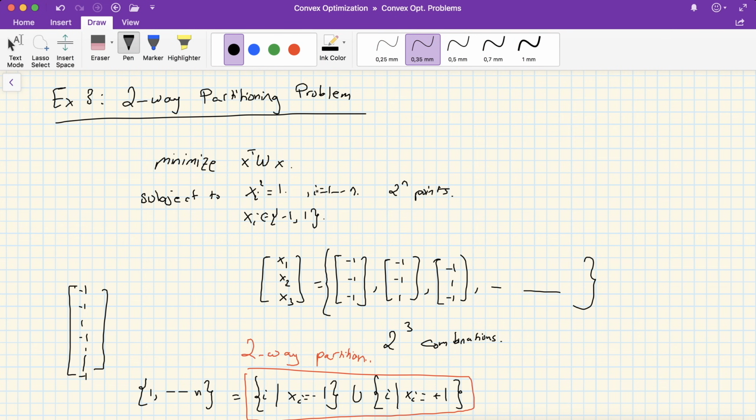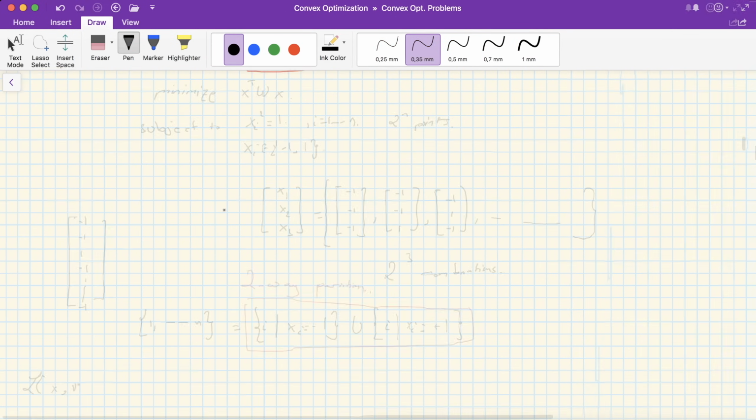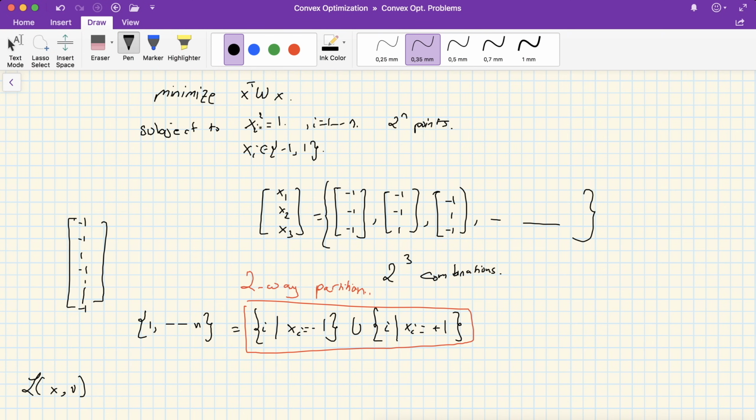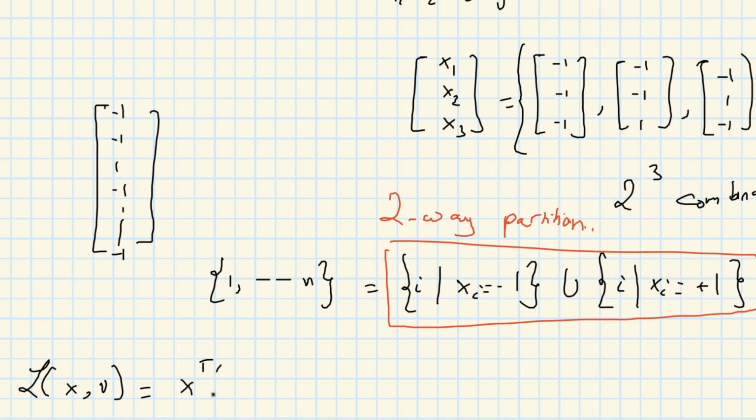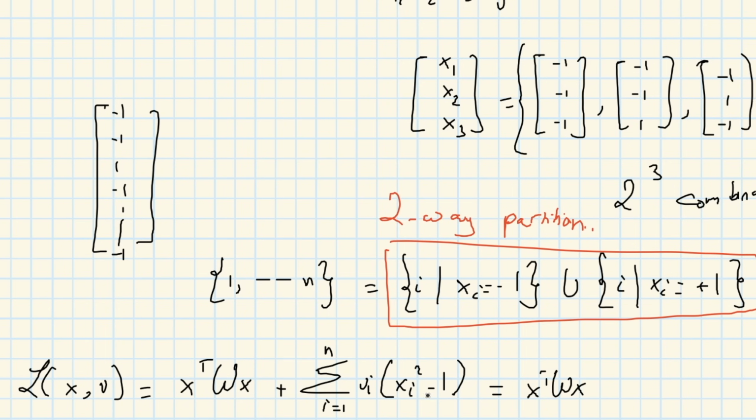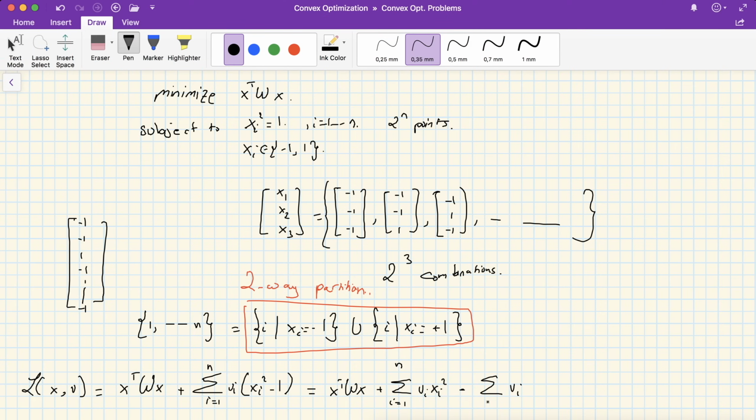So let's write down the Lagrangian of this problem. I don't have a lambda because I don't have inequality constraints, so it's a nu. My f0 of x is x transpose W x, plus the sum over nu_i times the ith equality constraint equal to 0. So it's xi squared minus 1 equal to 0. That said, I could expand this term as two summations: sum of nu_i xi squared minus sum of nu_i.